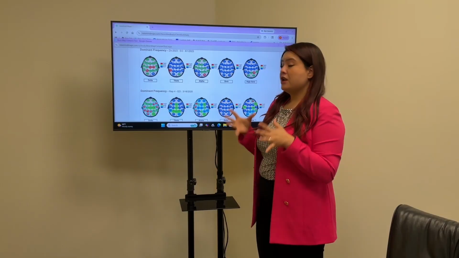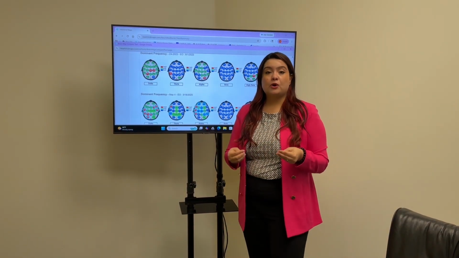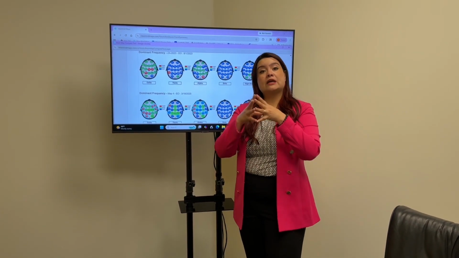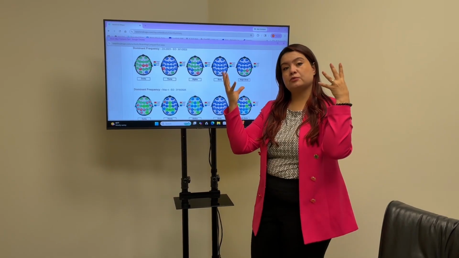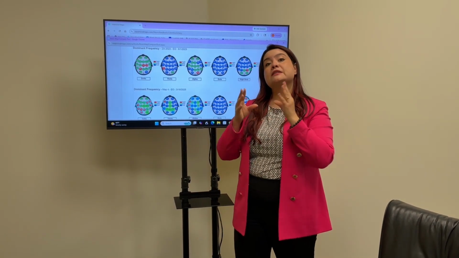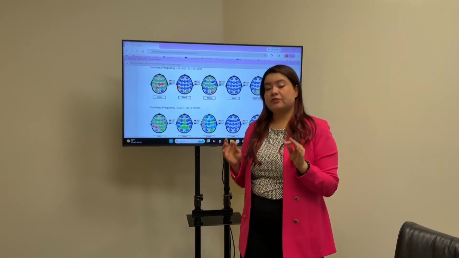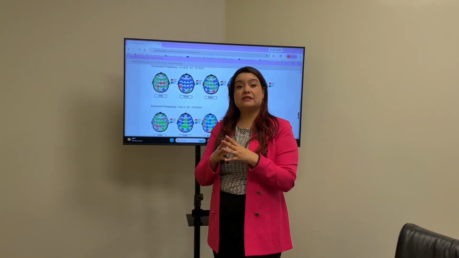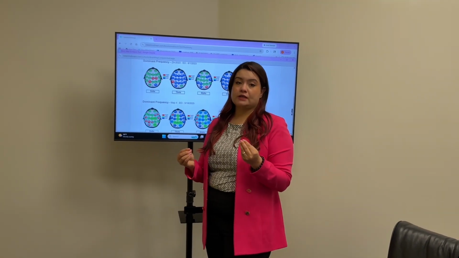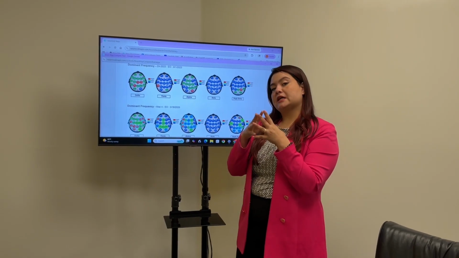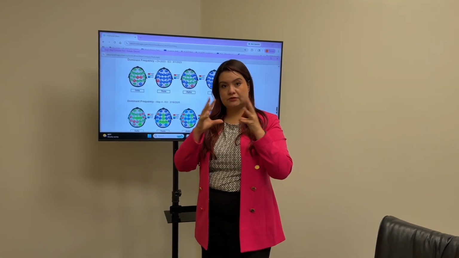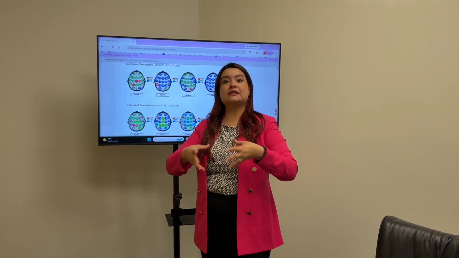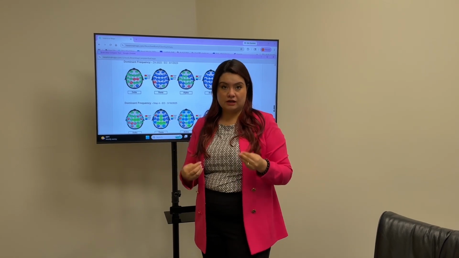Now, another very, very important part of the brain is how it connects, how the different parts of the brain are talking to each other. This is a very unique thing with neurofeedback, that we're able to enhance the interconnectivity. That's very important, because if the brain is not connecting and not talking to the different parts, then we see that there's a lot of symptoms that come from that.